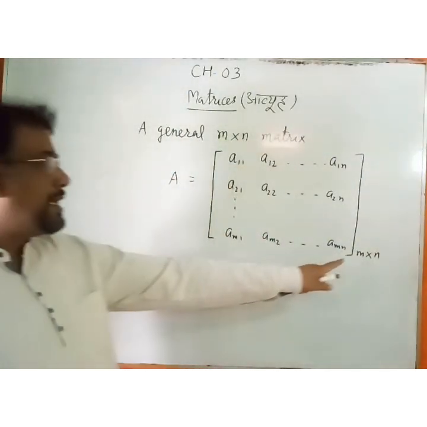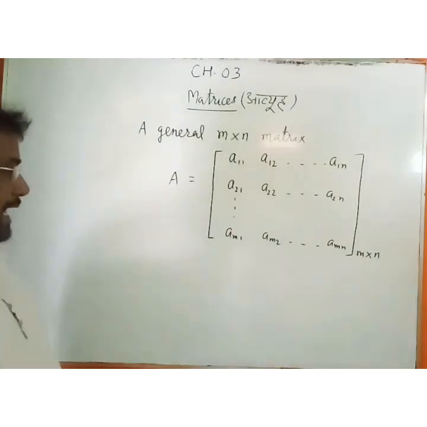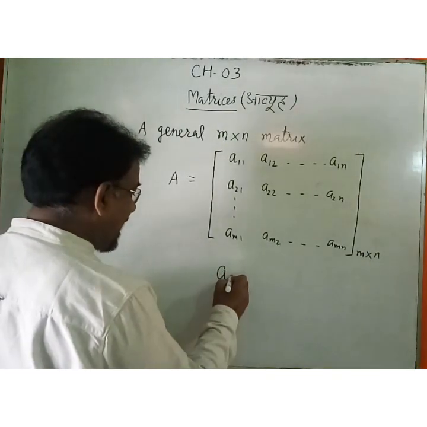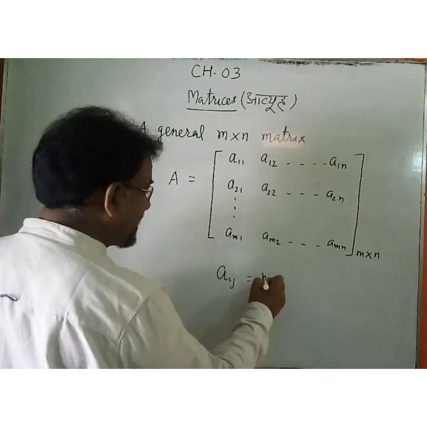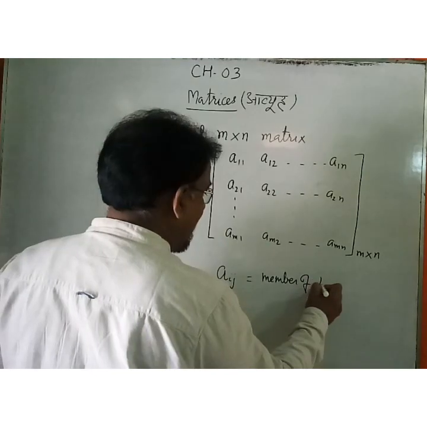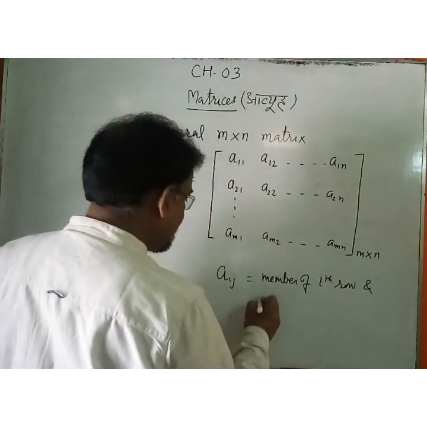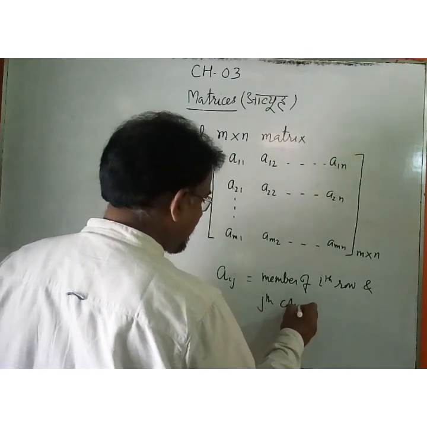So we write the order of the matrix as m cross n, where Aij in general represents the member of ith row and jth column.